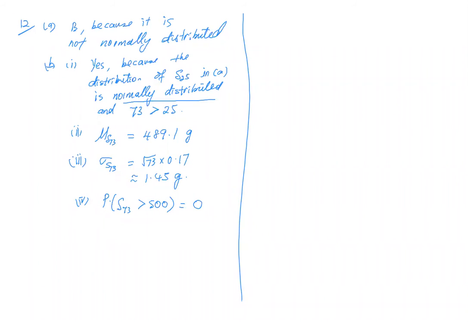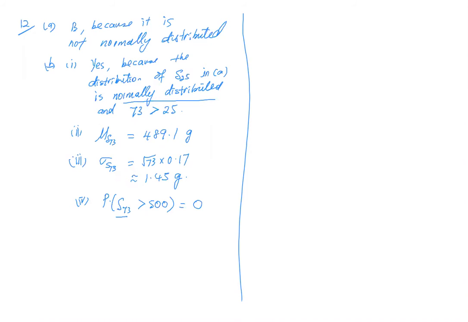The probability of the sum of 73 nails being more than 500 is 0. So that means the machine will keep filling in, and in a packet you will have more than 73 nails. Understand? So when it has reached 73 nails, the machine will continue to fill in to achieve 500.